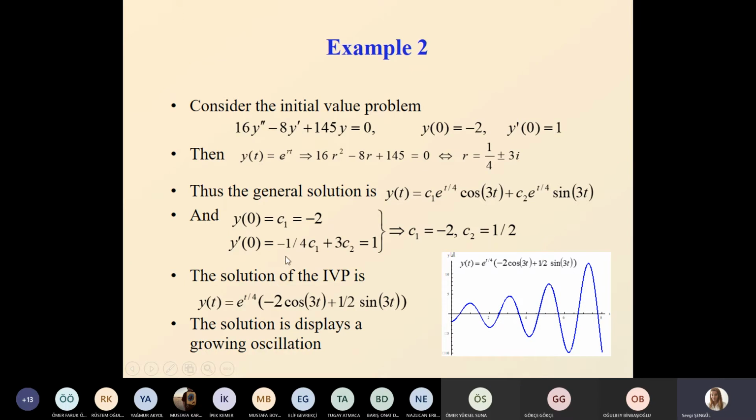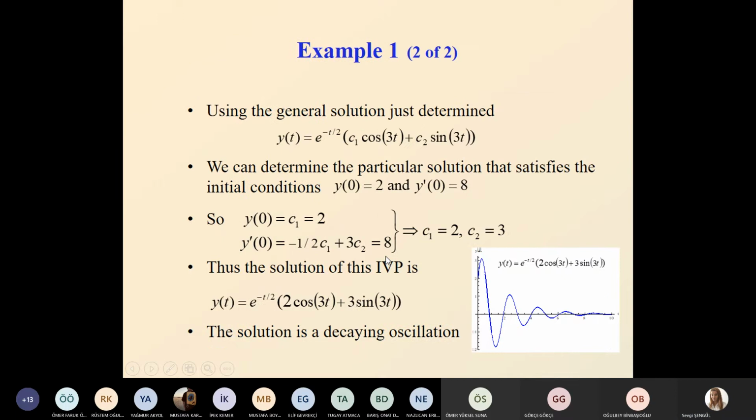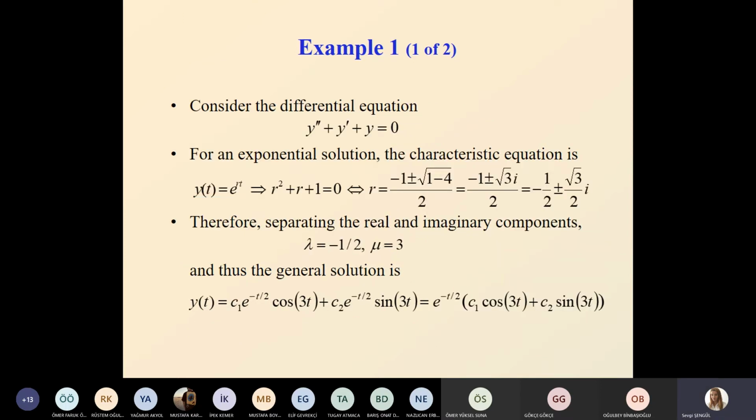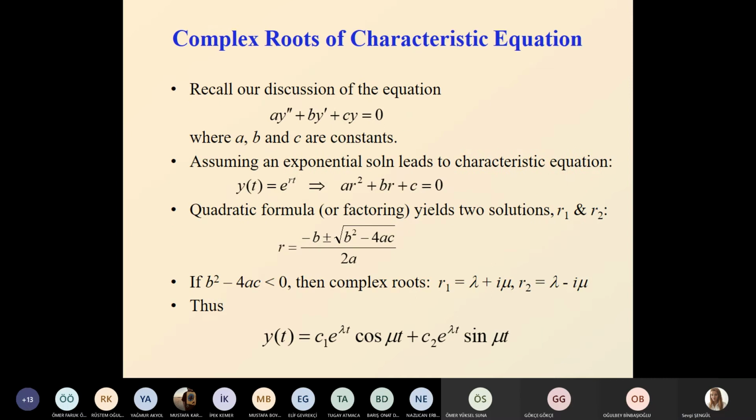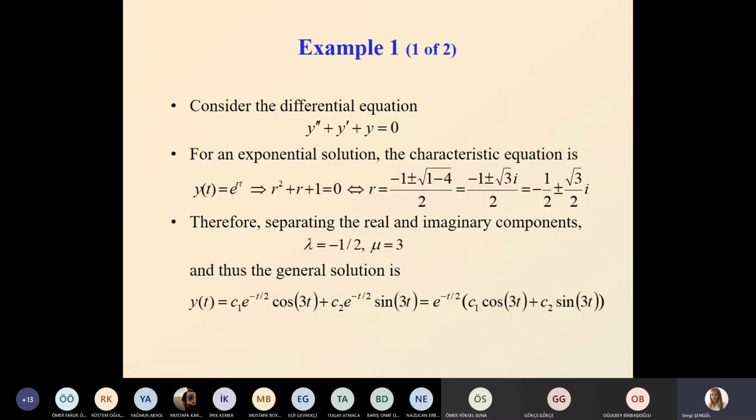Sure, Nazlıcan. This one? Previous one. Previous one is that one? This one?